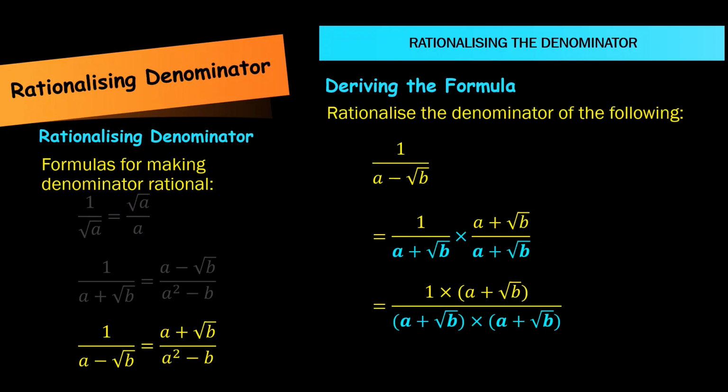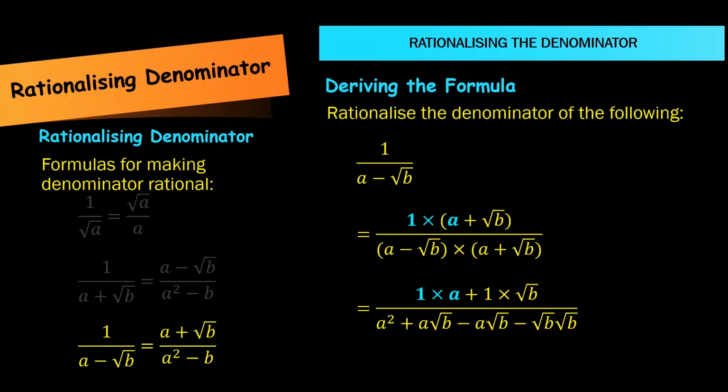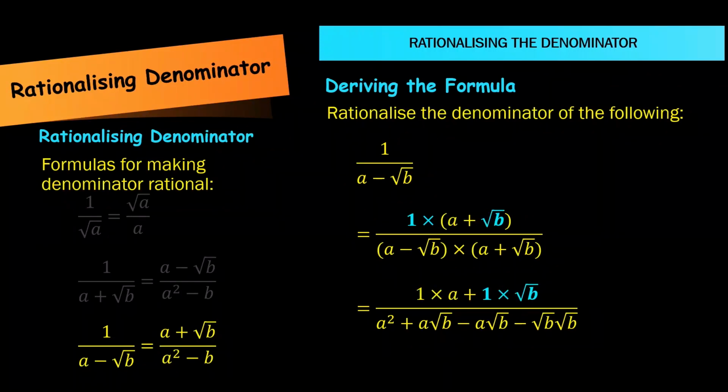And so if we multiply out, we have 1 times a plus 1 times root b divided by a squared plus a root b minus a root b minus root b times root b to give us a plus root b all divided by a squared minus b.